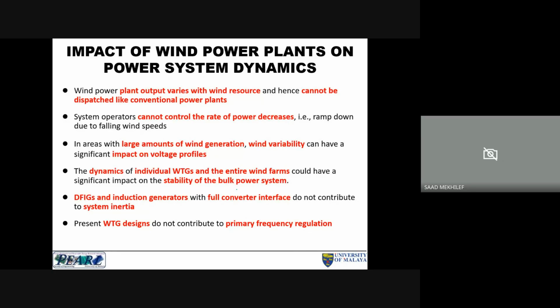In some areas with large amounts of wind generators, wind variability can have significant impact on the voltage profile. That's the impact we see, especially if you have large wind in the system.